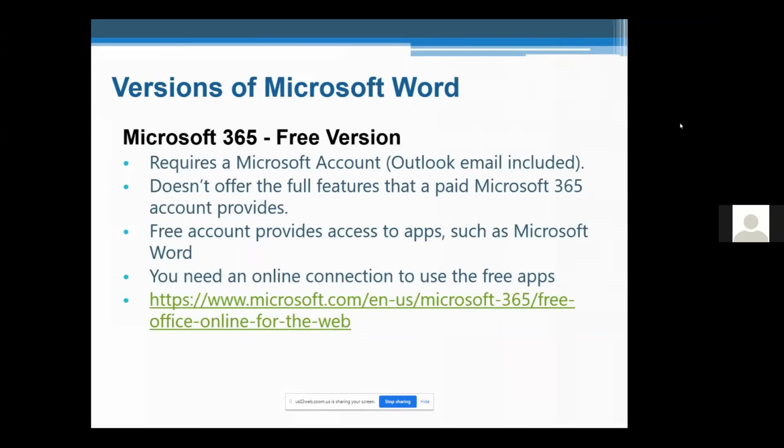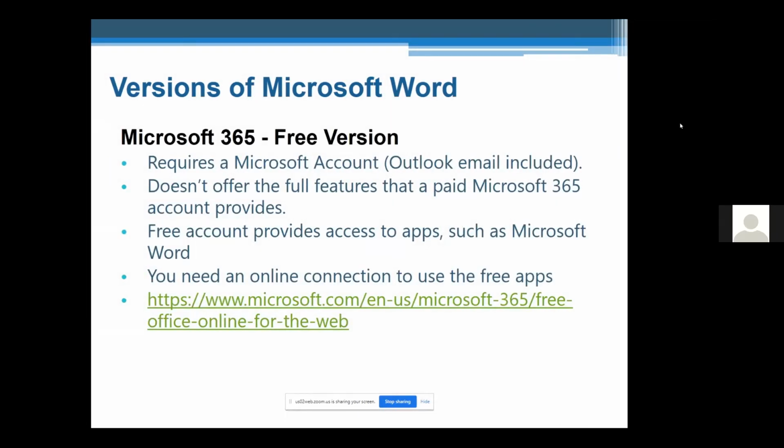So the first thing I want to talk about are the different versions of Microsoft Word. Right now, if you haven't heard of it, Microsoft 365 is Microsoft's branding for the version of Microsoft Office that includes an Outlook account that you can get for free.